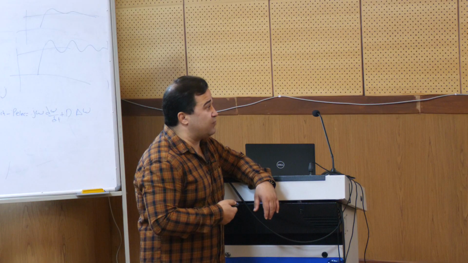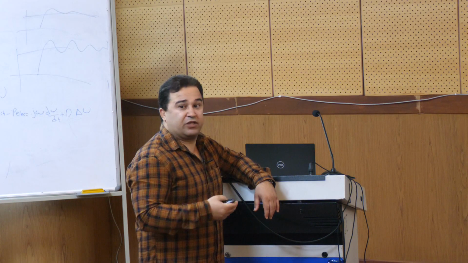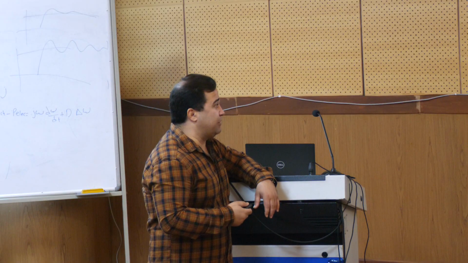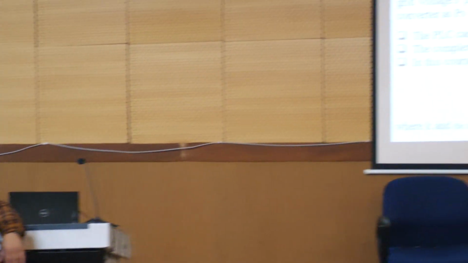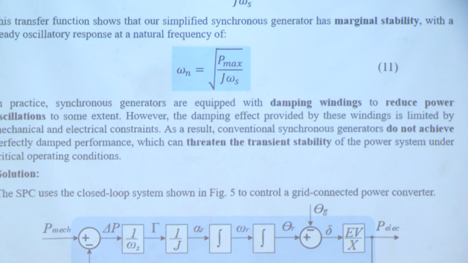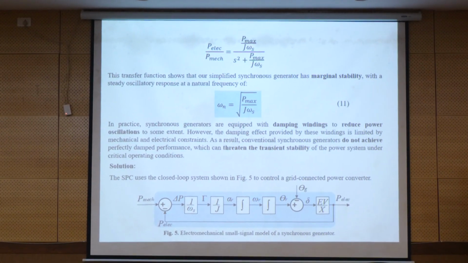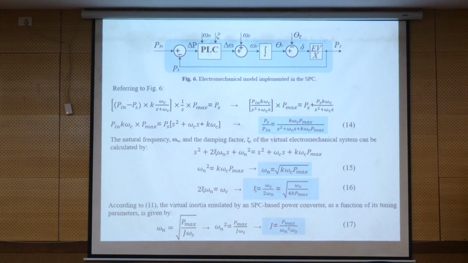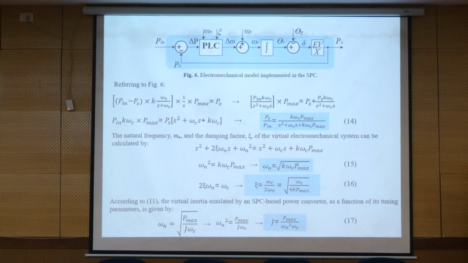So we can design the Kc for the optimal operating condition, and omega n is the natural frequency which provides the border for stability. Again, we get back to equation 11. We calculate omega n, we have P max and omega c, and we can calculate the J. This is the inertia that can be injected from the converter to the grid.